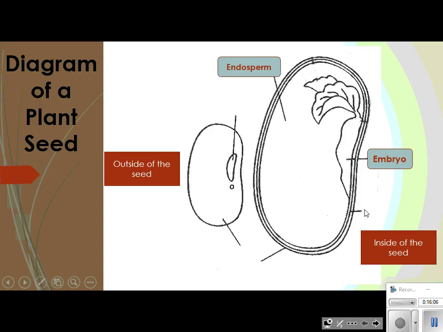Now next is down here, it's kind of hard to see, but what we're talking about is the inside layering here. Because you can see there's two layers. It's really easy to see right here. Here's one layer, here's the inside layer. So this inside layer right there is what we call the seed coat. What is the seed coat, Dylan?